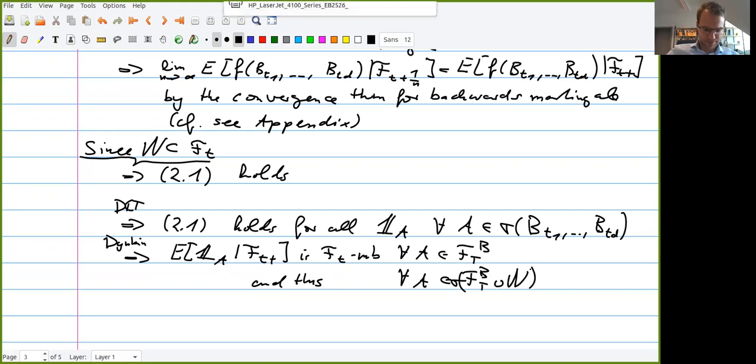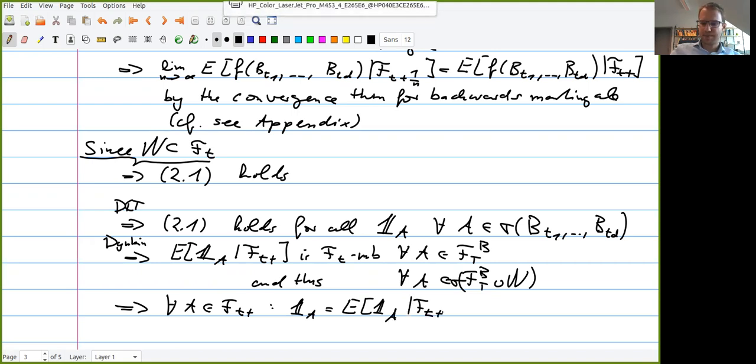Okay, and this means we're almost done. For all A in F_{t+}, we have that the indicator of A is equal to the conditional expectation. If A is F_{t+} measurable, we can pull it out of the conditional expectation.